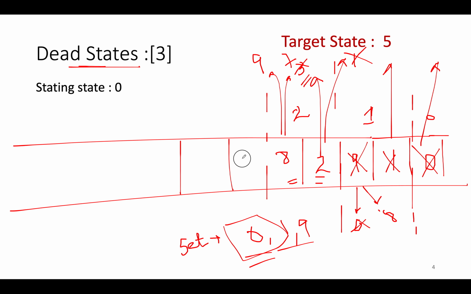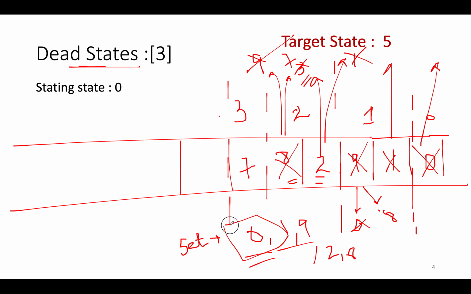So you'll add 7 to your queue, and 9 gets rejected by virtue of already being present in the visited set. So this is gone, and you'll add 2 and 8 to your visited set. Now the level becomes 3 and it has only one element in it.